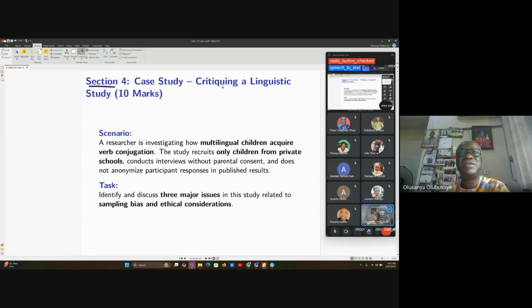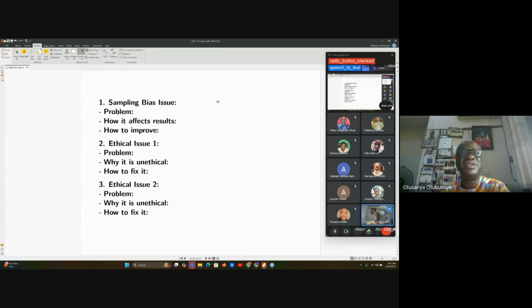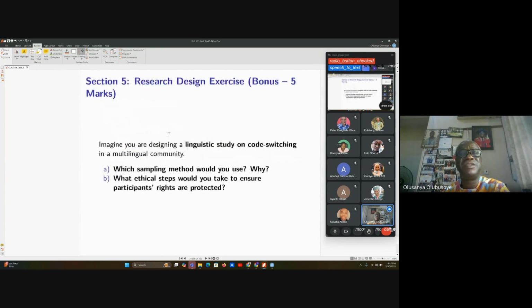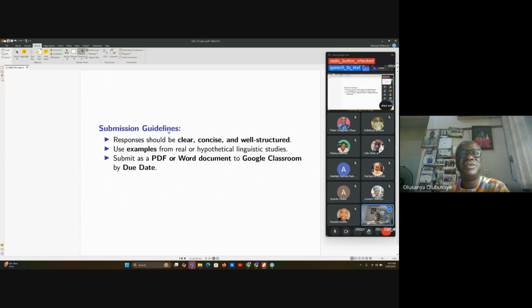Section 4, case study, critiquing a linguistic study, and provide answers to all of this. So this is your submission guideline, and make sure you submit on the Google Classroom by the due date. The due date is next week, exactly the last day of the month of February.